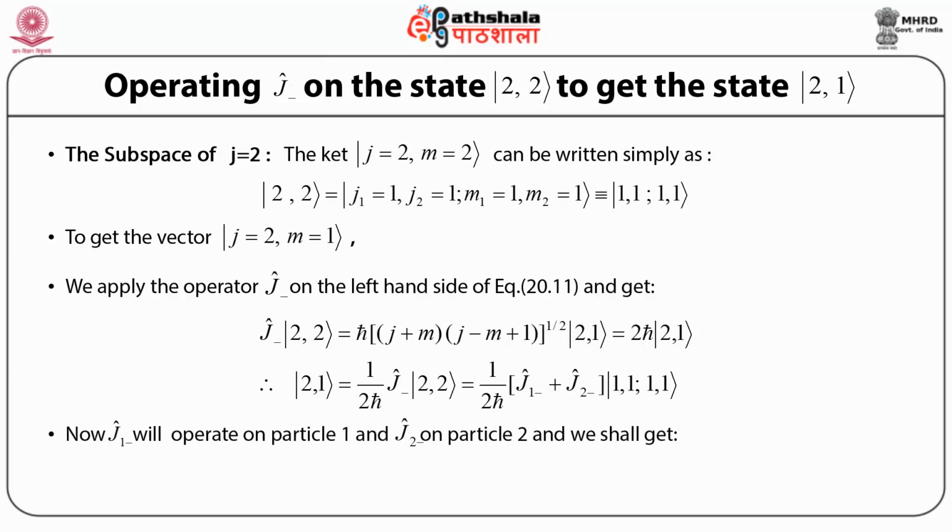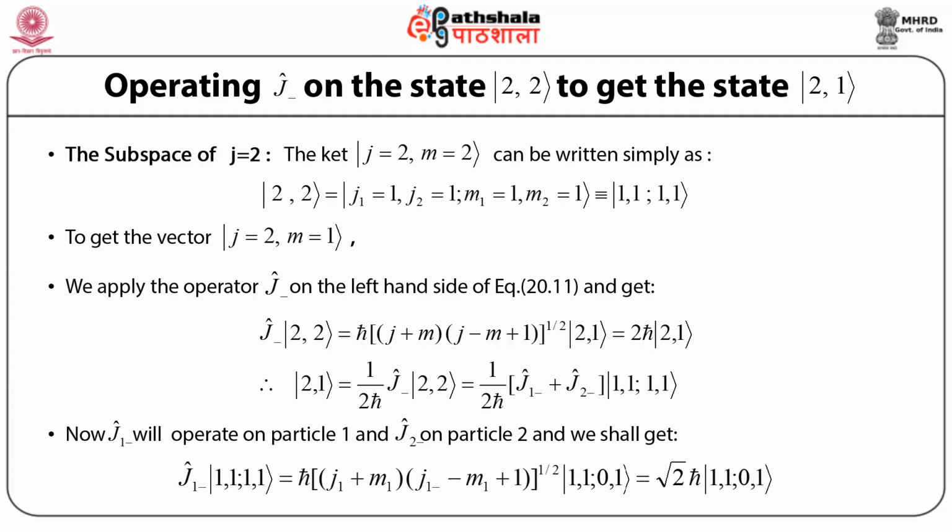Now J1 minus will operate on particle 1 and J2 minus will operate on particle 2, and we shall get J1 minus acting on |1, 1, 1, 1> is equal to h-cut times the square root of (j1 + m1)(j1 - m1 + 1) acting on |1, 1, 0, 1>, which equals square root of 2 times h-cut |1, 1, 0, 1>.